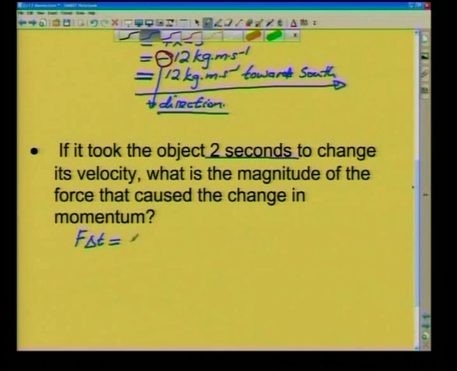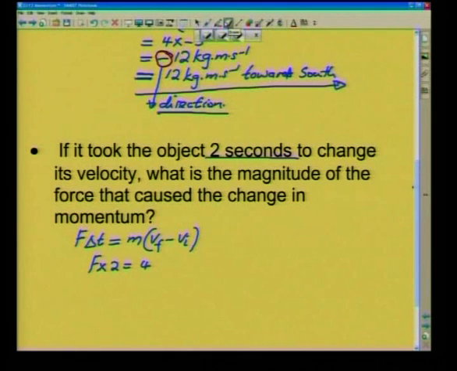Impulse is change in momentum, so impulse equals m into v final minus v initial. So F times, what is the time given to us? Times 2 would be equal to 4 into that. But we don't have to really calculate that value. We have calculated it and we found it to be 12.